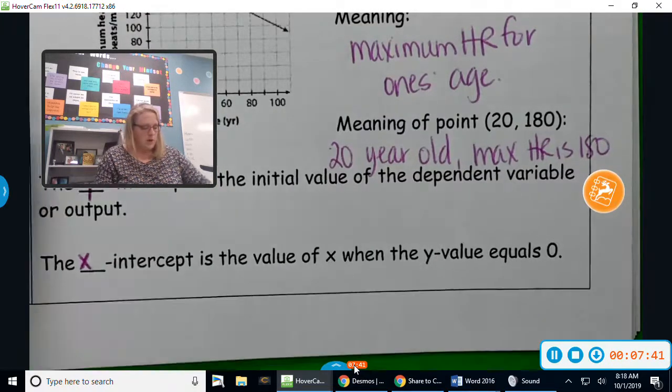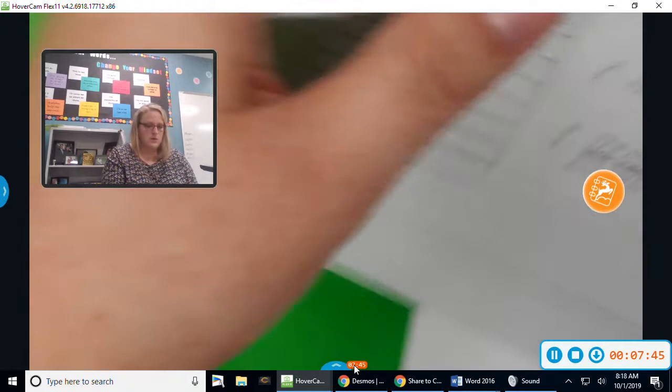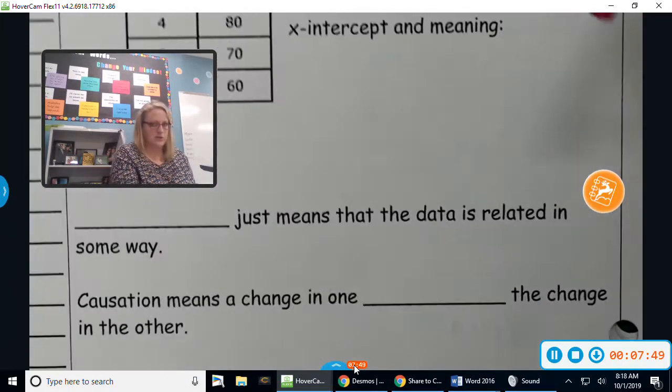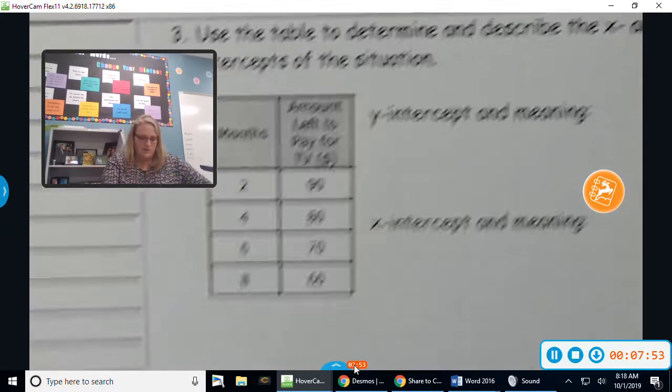Okay, so in problem situations, let's look at what that looks like. Use the table to determine and describe the x and y intercepts of the situation. So I have some months here, and I have the amount left to pay for the TV.